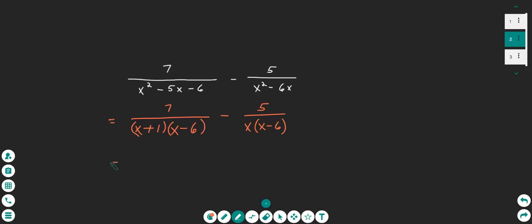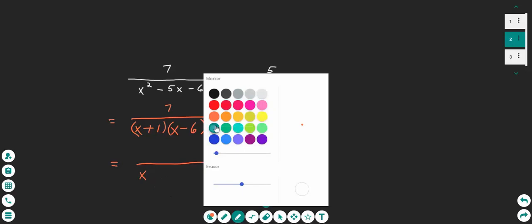So now we know. All right, so we have our denominators all factored out. Now, what should we do? We should look for what's common, right? Let's find our common denominator. So again, we'll first place it in two fractions here. So what's the denominator? Well, we have an x plus 1 as a factor, x minus 6 as a factor. That's shared with this one over here. And then we have an x. So maybe I'll start with, I know I have an x, right?